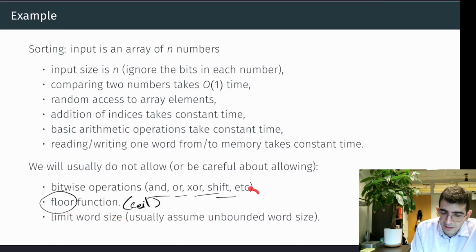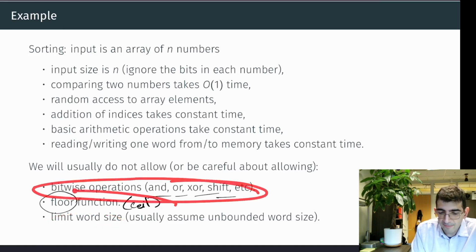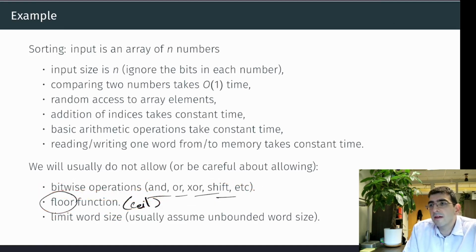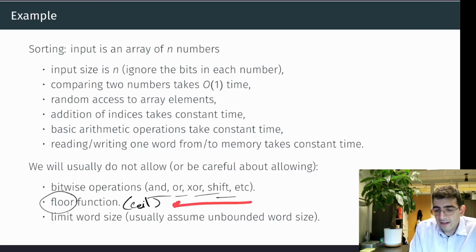Now, we don't say these operations take constant time because not all instruction sets have instructions that perform these operations in one clock cycle. I think that's the best way I could explain it.